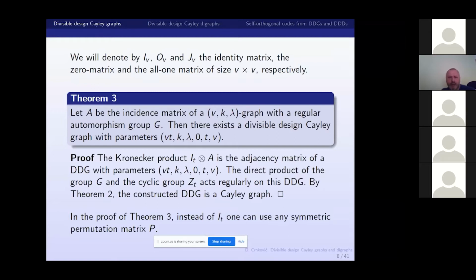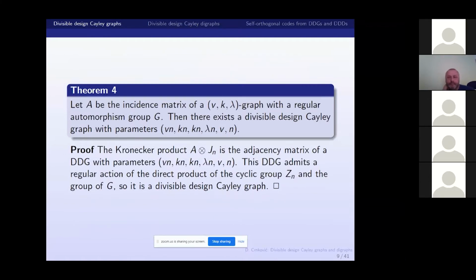Actually, in the proof of this theorem, instead of the identity matrix, we can use any symmetric permutation matrix P. The second construction is also obvious.